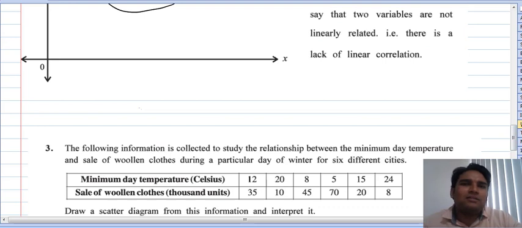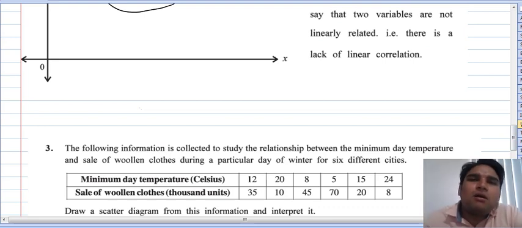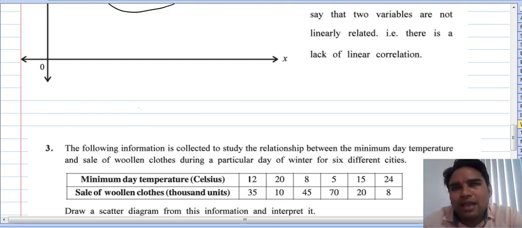So these are the 5 images that you have to remember. It can be asked in the MCQ, it can be asked in short questions. It's really important, so take the screenshot or make the notes, right?